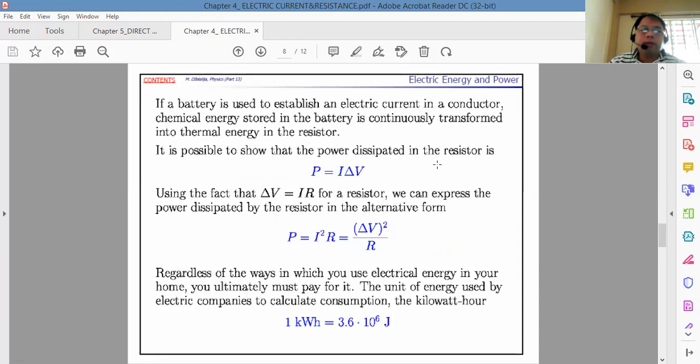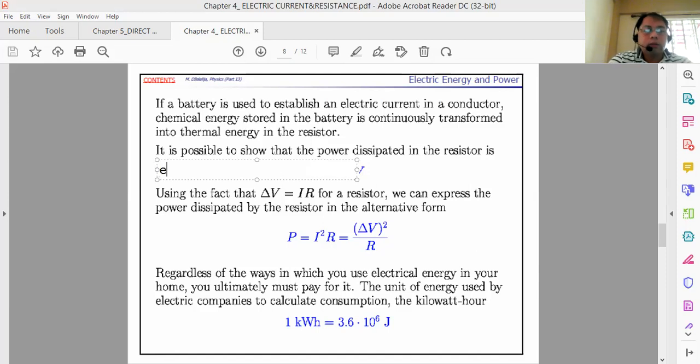Now, when we formulated some equations last time, we came up with an equation on electrical energy. This electrical energy equation that we have from last time, we write it as a value, E. And we relate that to work.